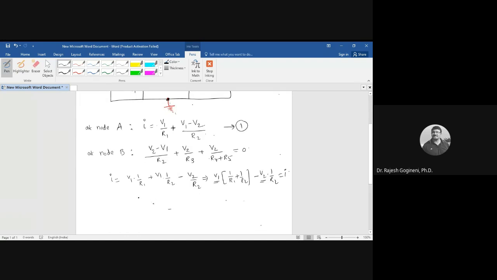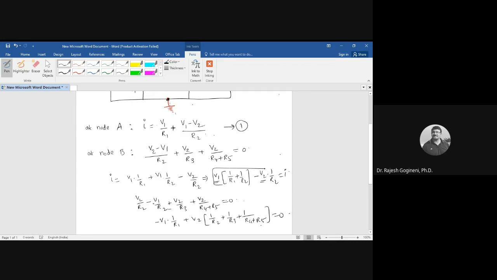Similarly, simplify the second equation: V2 by R2 minus V1 by R2 plus V2 by R3 plus V2 by R4 plus R5. So minus V1 into 1 by R2, plus V2 into 1 by R2 plus 1 by R3 plus 1 by R4 plus R5, is equal to 0.